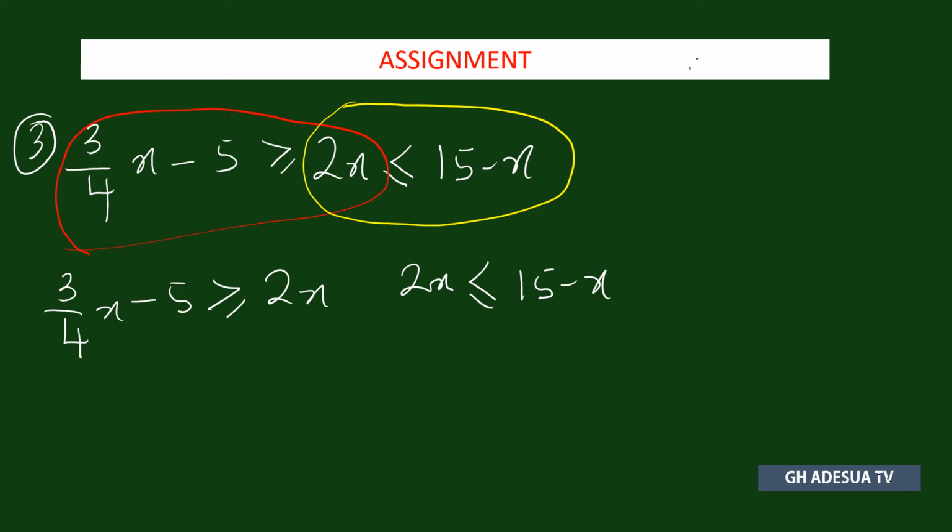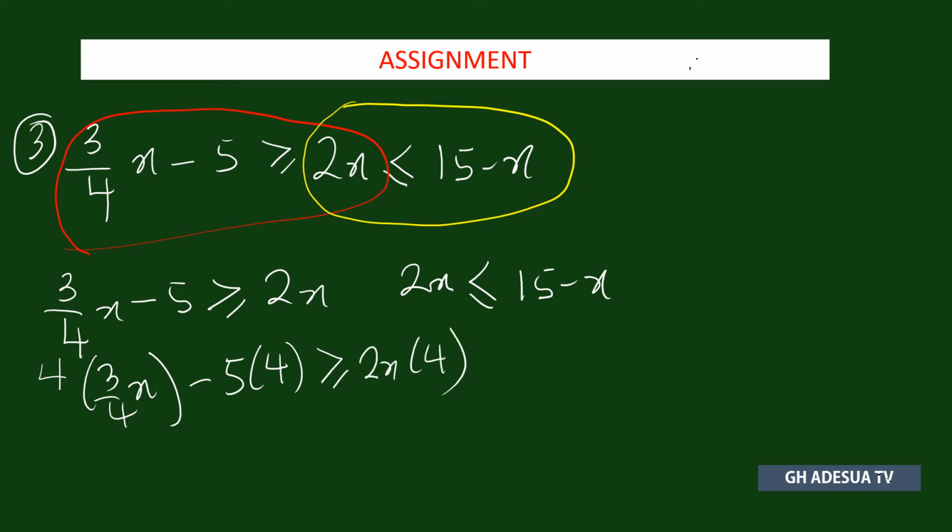That is a denominator that is interfering with our solution. So we would first multiply through by 4. So 3 over 4x minus 5 into bracket 4 greater or equal to 2x into bracket 4. So this cancels that. You have 3x minus 5 times 4 is 20 greater or equal to 8x.